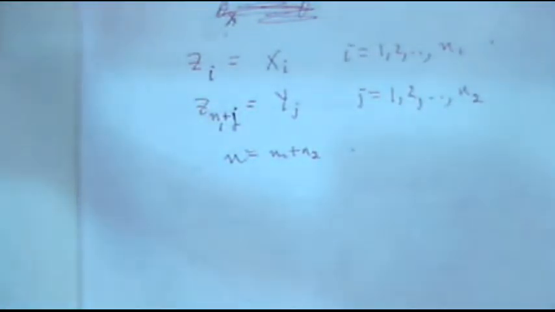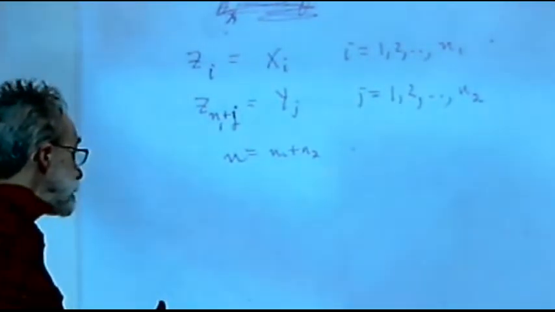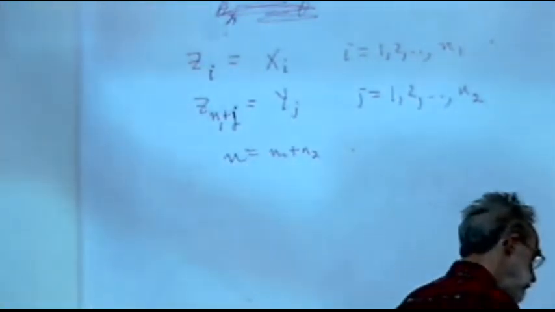We have two samples, but for a moment we can put them right into a nice little model if we just define the first batch of z's to be the x's, the second batch of z's to be the y's. And then we can write the location of this.